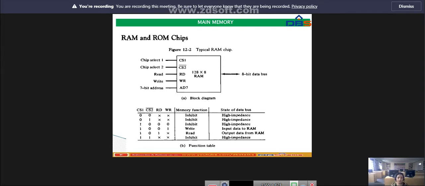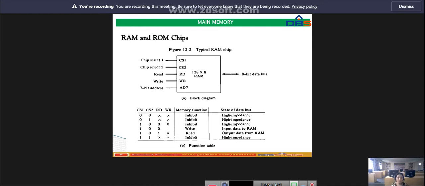Main memory is mainly made up of RAM integrated circuit chips, but a portion of the memory may be constructed with ROM chips.